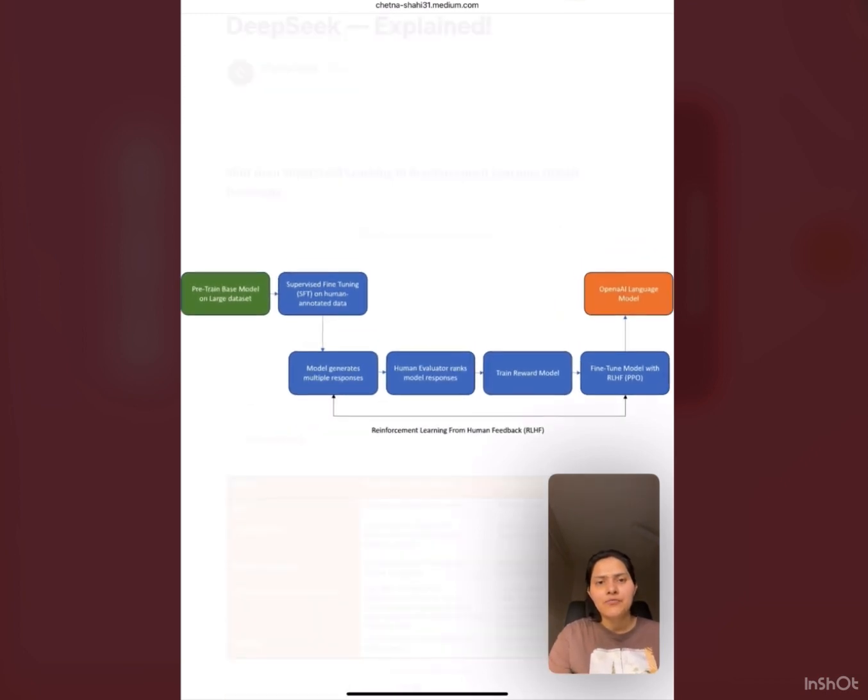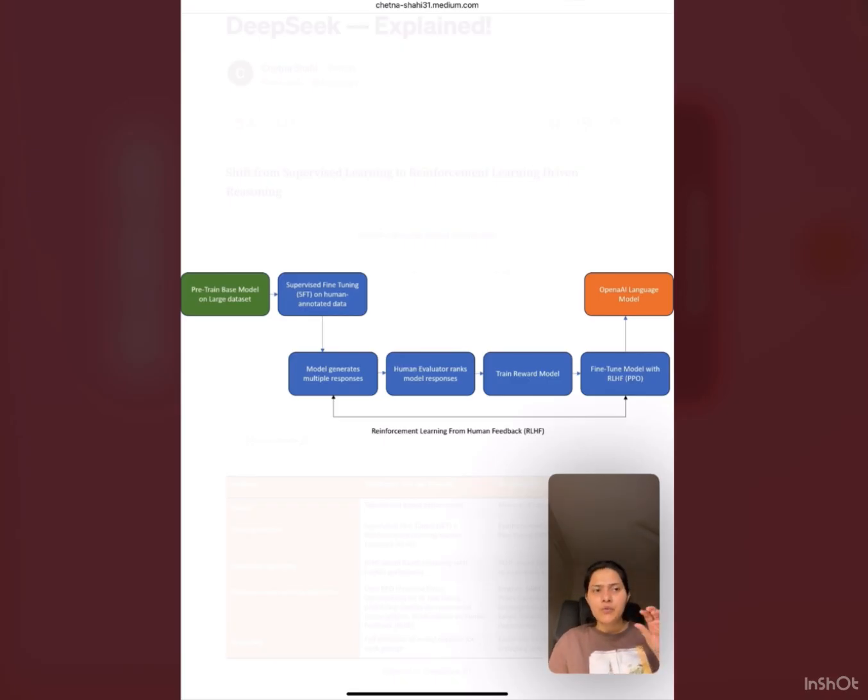So in a few minutes, we would have a recap of how the architecture of an OpenAI language model would look, particularly the training part. How would that model have been trained? So the rough architecture is somewhat like what you can see on the screen. We have a pre-trained base model which was trained on a large data set.